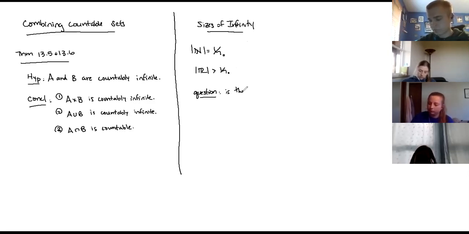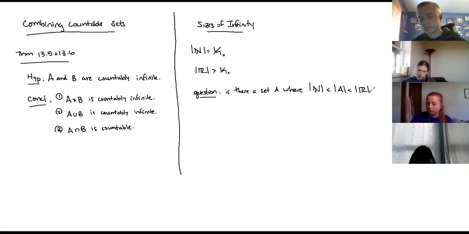Is there a set A where the cardinality of the natural numbers is smaller than the cardinality of A, which is smaller than the cardinality of the real numbers? Is there a set in between sizes? Do we have a set in between sizes for the natural numbers and the real numbers?